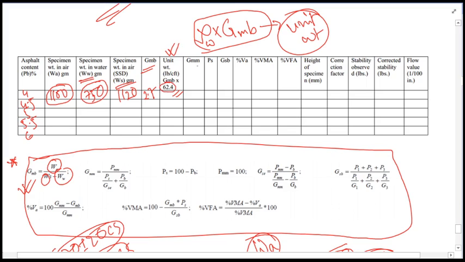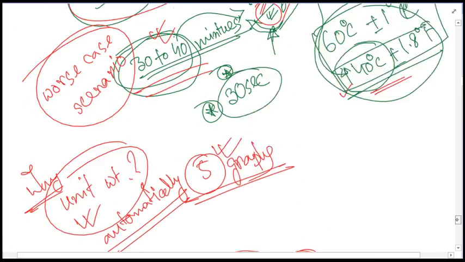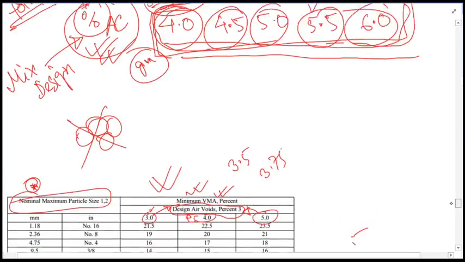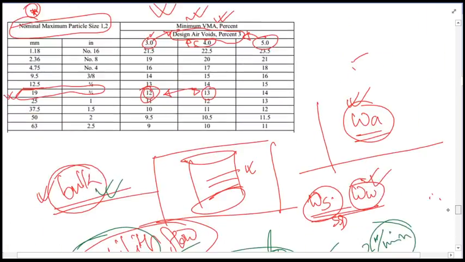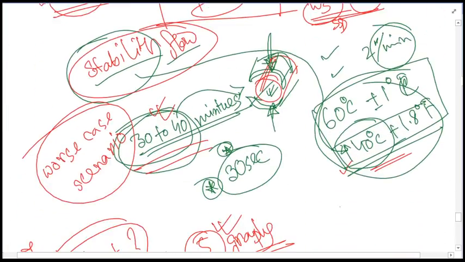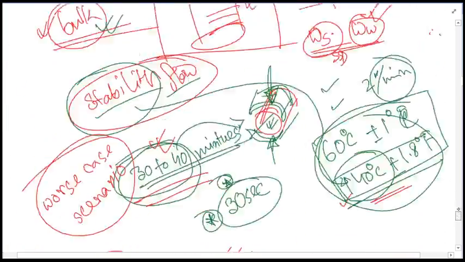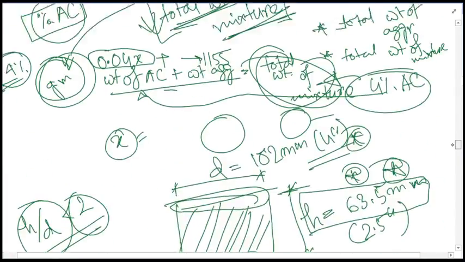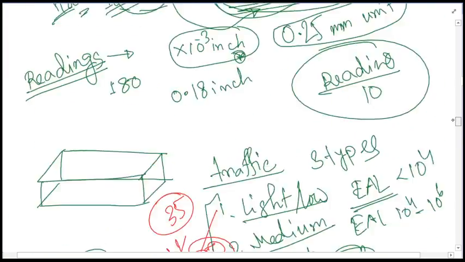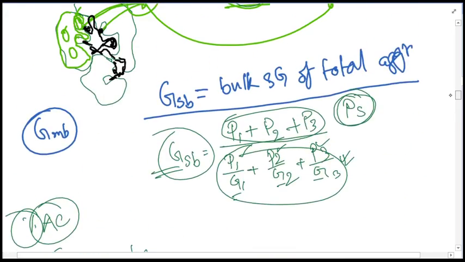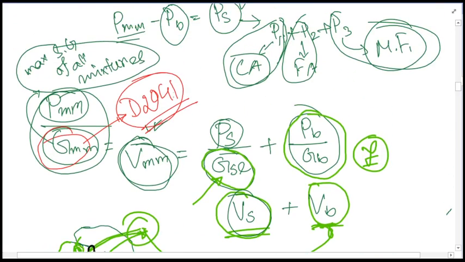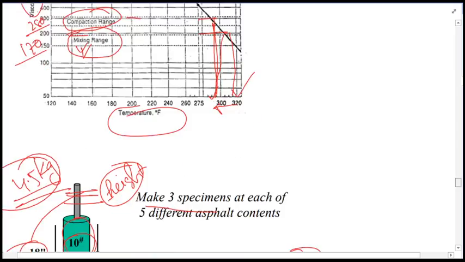Then GMM you can easily calculate from this formula, although we know that we have another designation which we mentioned just before this, an ASTM designation for the determination of GMM. You see there, for GMM there is a designation, but we are ignoring this for our convenience.